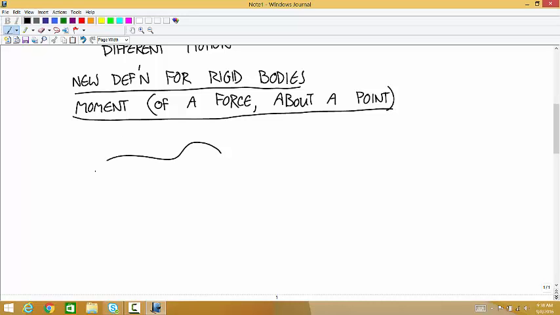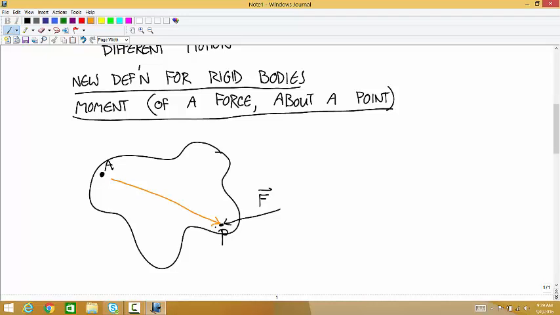And the definition is like this. So imagine this is your rigid body, just some arbitrary thing. And we'll say that this is the about point A. And there's a force F applied to the body at this point P. So this is the force vector F. Then define a new vector that goes from the point A to the point P. So A is what we're going to call the about point.